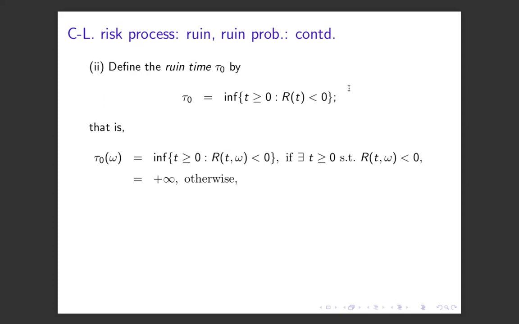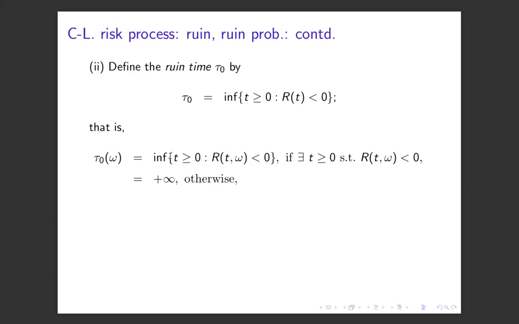So this way of writing tau 0 equal to inf t greater than 0 such that Rt less than 0 means at any omega, tau 0 omega is the infimum of t greater than or equal to 0 such that Rt omega is less than 0, if this set, that is the set of all t greater than or equal to 0 where Rt omega is less than 0, is non-empty for a fixed omega.